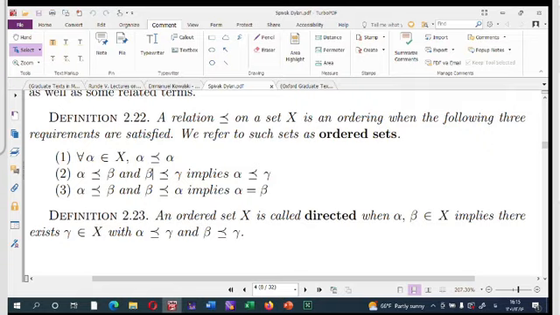And an ordered set is called directed when for any alpha and beta in X there exists another element such as gamma, such that we have these two properties.